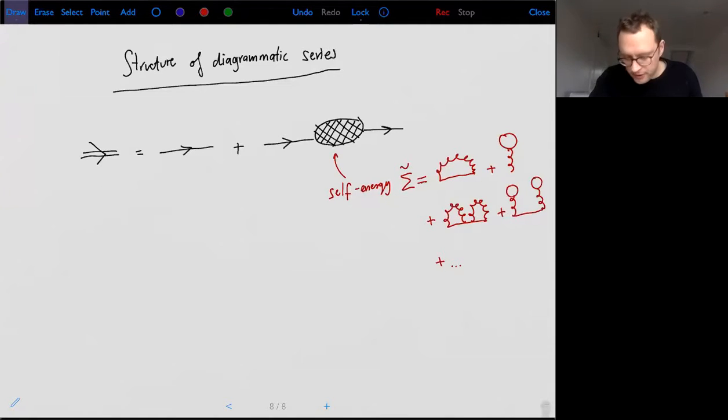And I can, of course, also use my Feynman rules to express this diagrammatic representation as an analytical equation.